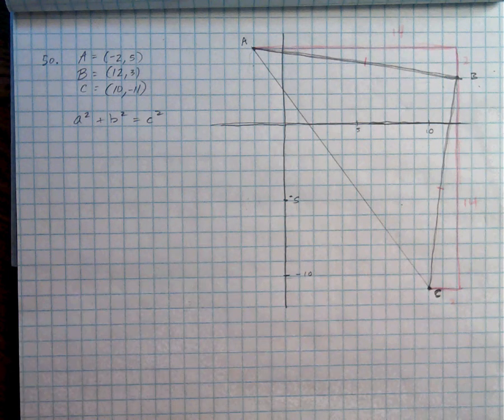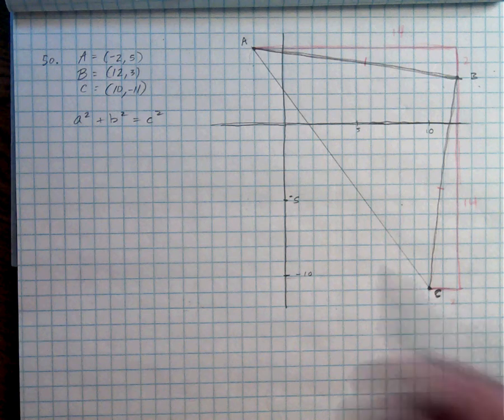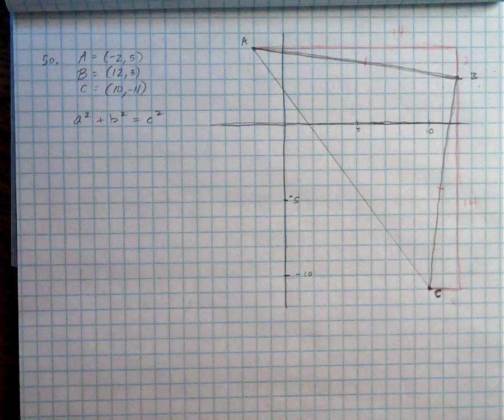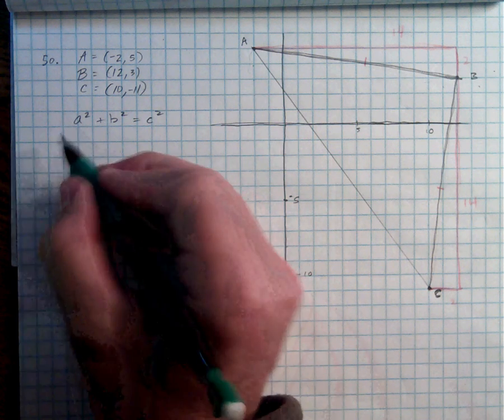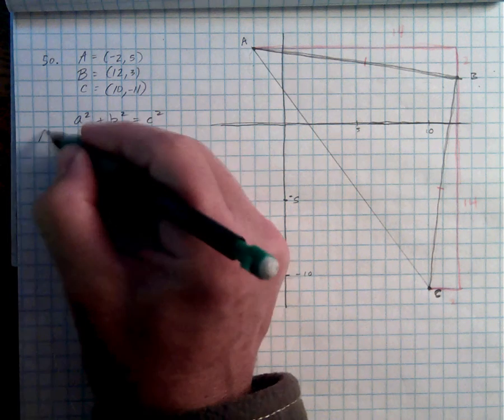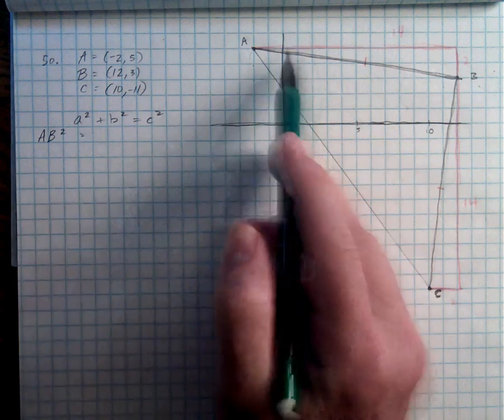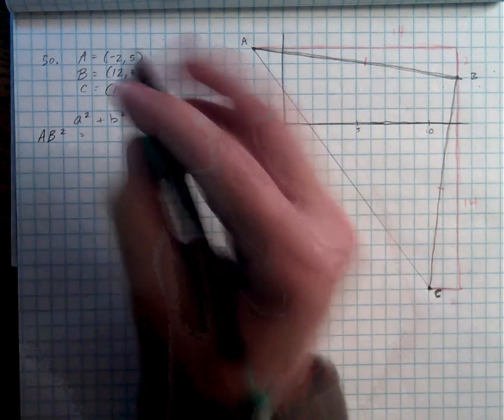And so I know that when I find the length of AB, that's also going to be the length of BC. So let's find AB. So AB squared, this side is 14 squared plus 2 squared.